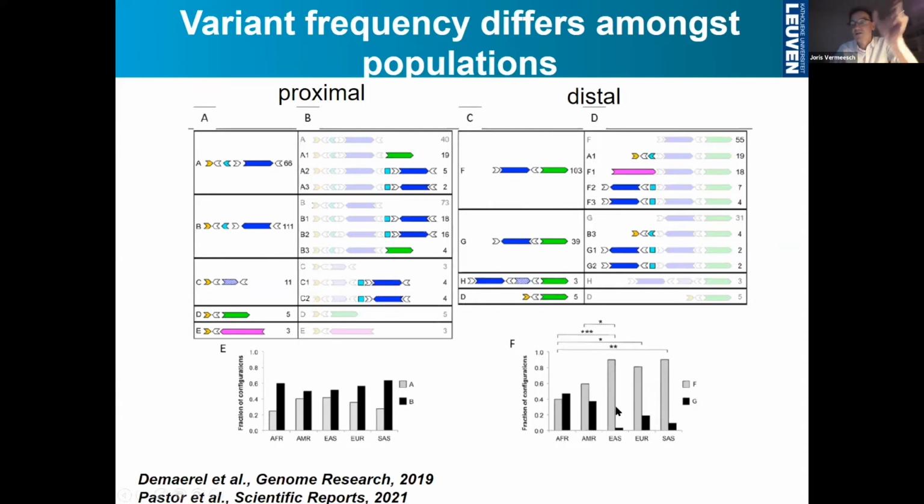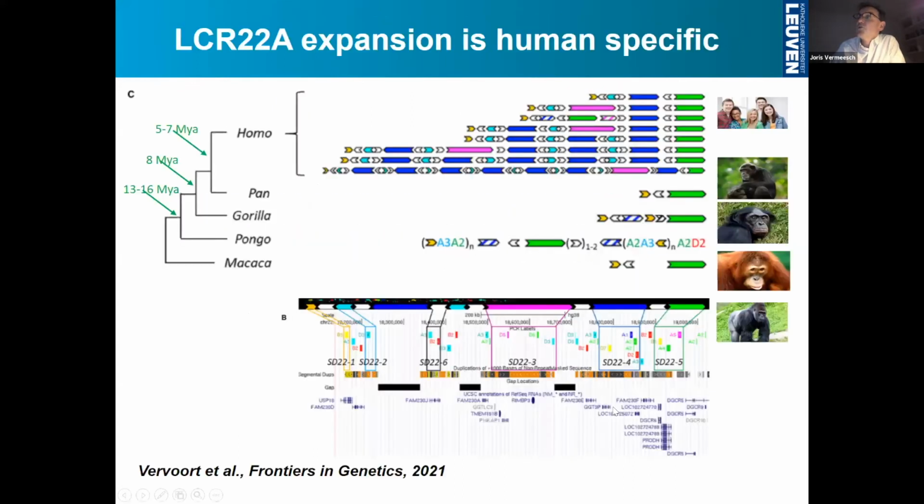I showed earlier that there is some type of LCR, but the shape of these LCRs has never been mapped. So we set out to map this variability in PAN. So we looked at the bonobo and the chimp, then the gorilla, orangutan, and then macaque.